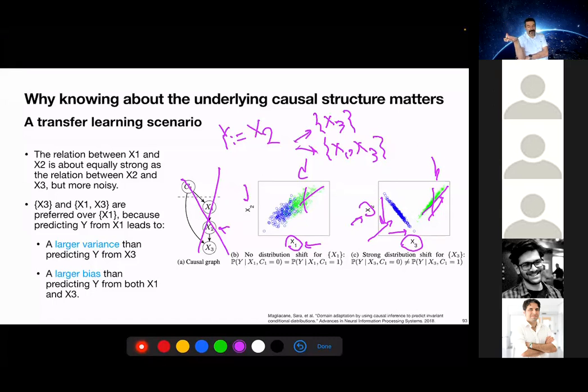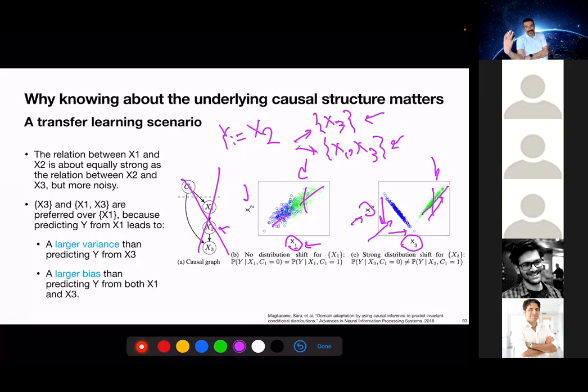In this scenario where we move to the target environment, we saw this distribution shift. Imagine what would happen to these models. Both of these models would get the prediction incorrectly, absolutely biased, right? The only predictor that could predict X2 accurately is actually X1. You see that X1 was not affected by this distribution shift, right?